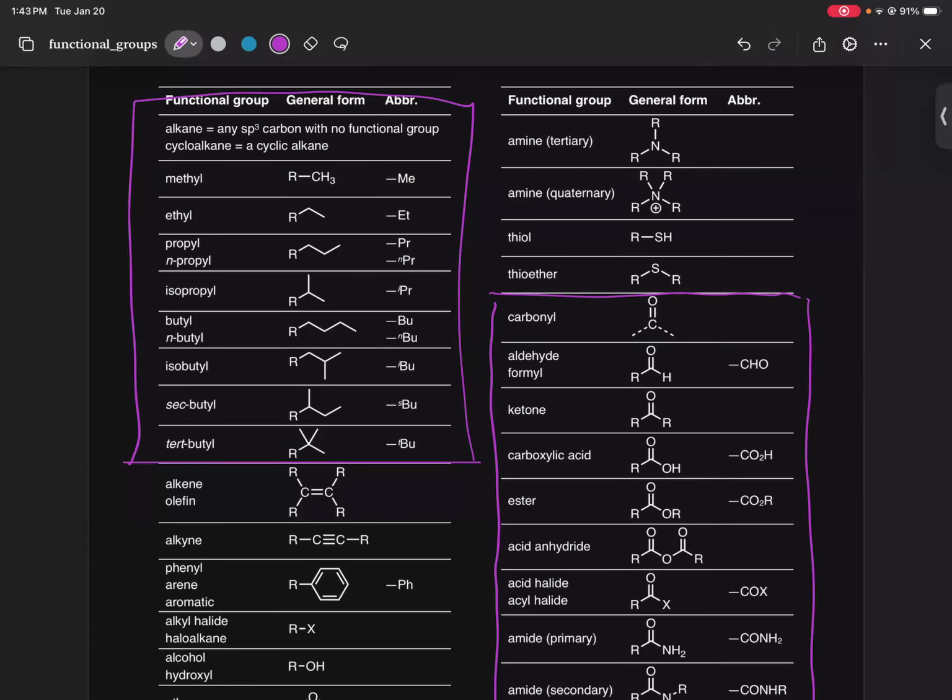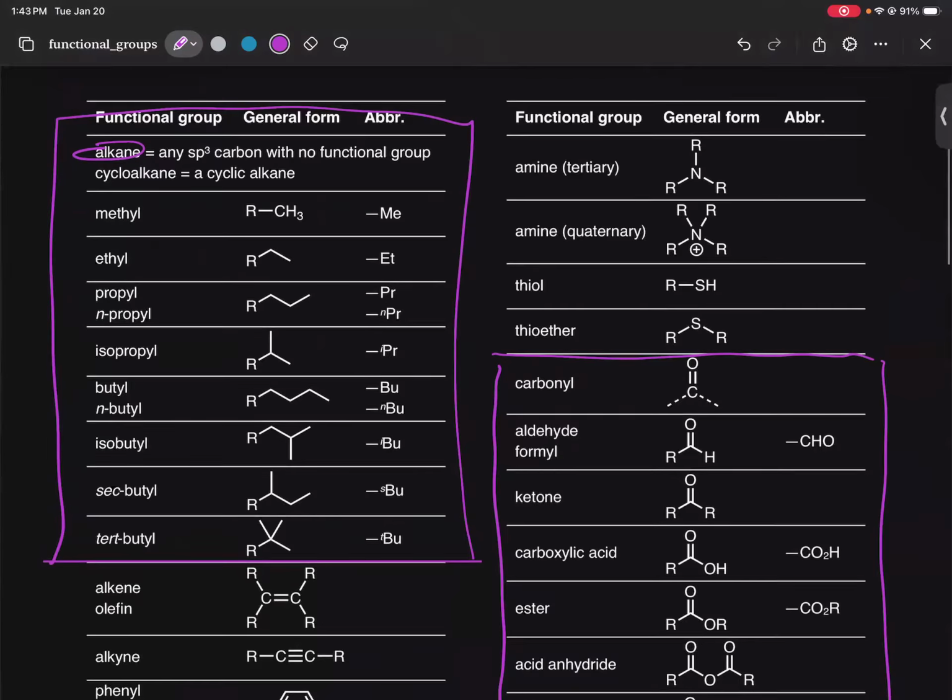So there's actually two sort of big subdivisions here. So this first one is the alkanes. So alkanes are just bunches of sp3 carbons that don't really have any interesting functional groups attached to them. So I talked about in our example from above that the alkene was the functional group.